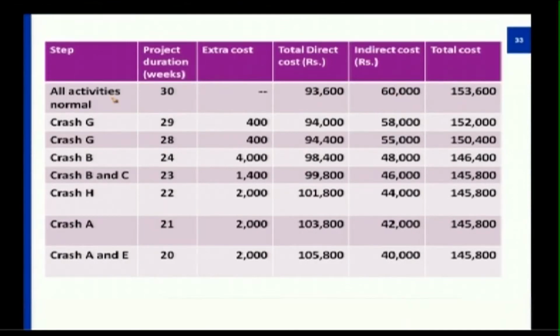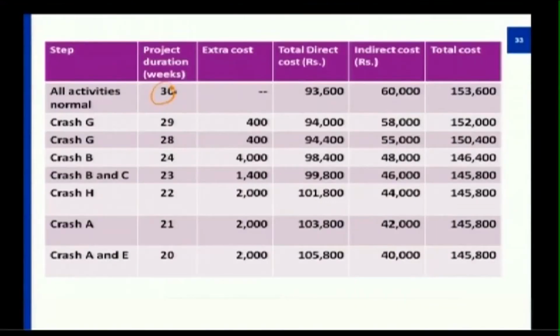When all the activities were done as mentioned by the customer and planned by the project manager, the entire duration was 30 weeks, which involved no additional cost, and the total direct cost would have been 93,600, which I have indicated in the table. The indirect cost is incurred by paying 2000 rupees per week as rent.